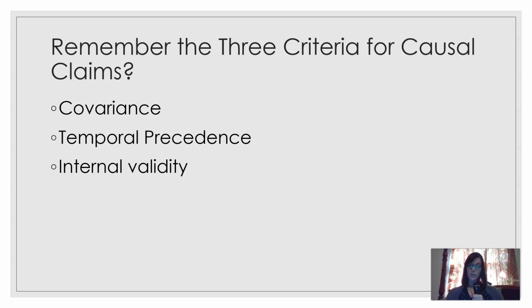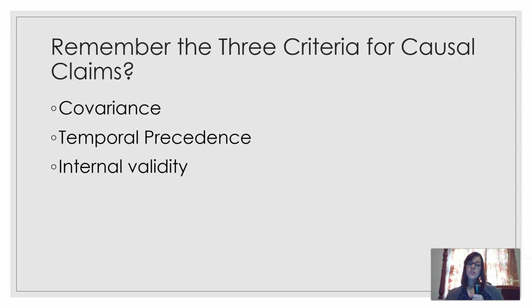So for example, if I have a correlation between violent television, so watching violent television and becoming more aggressive or more violent, there may be a third variable, such as something like parental involvement, that might explain the behavior of both of those variables. But because correlations can't rule that out, we can't really make a causal claim.